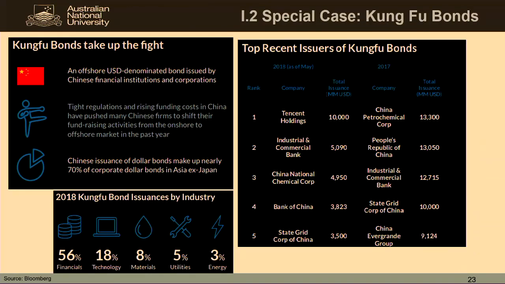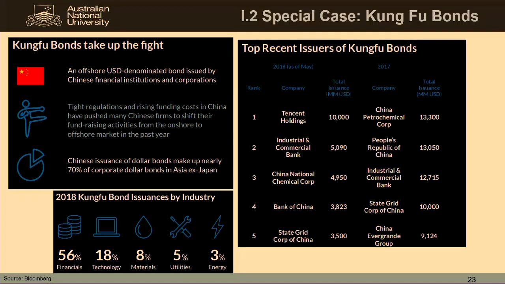And then, in terms of the special names, we also have Kung Fu bonds, right? So Kung Fu bonds are offshore US dollar denominated bonds issued by Chinese corporations worldwide. So these are US dollar denominated bonds, whereas the dim sum bond is a Chinese yuan denominated bond.